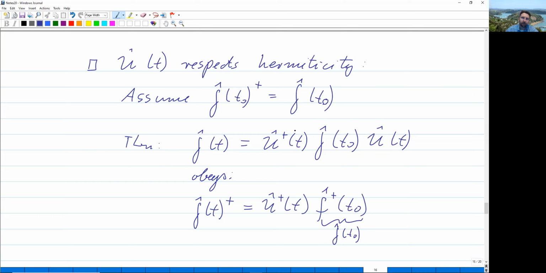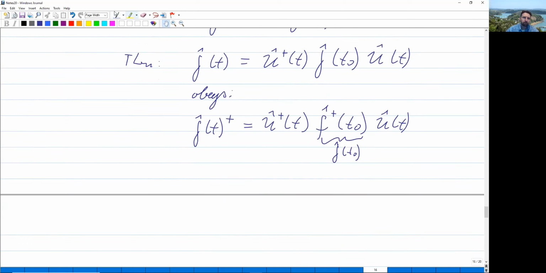And then this operator moves to the very right and is Hermitian conjugated. But if you have Hermitian conjugated twice, you get back the original operator, so you get u hat of t. And therefore, we have that this is f hat of t by definition. So therefore, hermiticity is also respected.